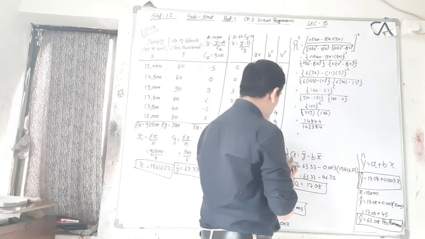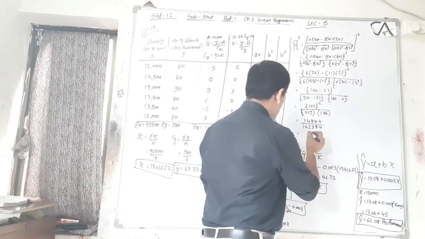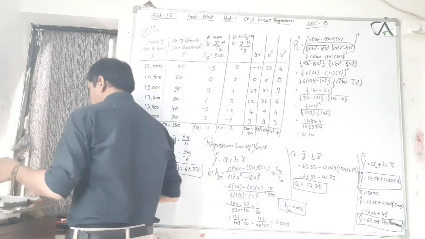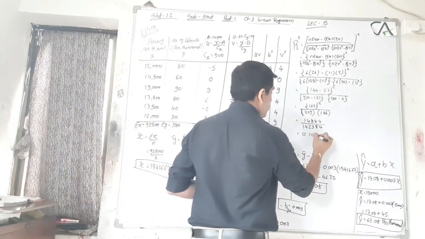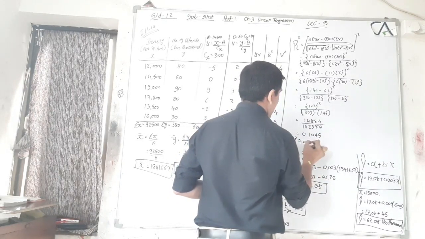Now divide it: 14884 divided by 142,384, that is 0.10545. So your r square is approximately 0.10.